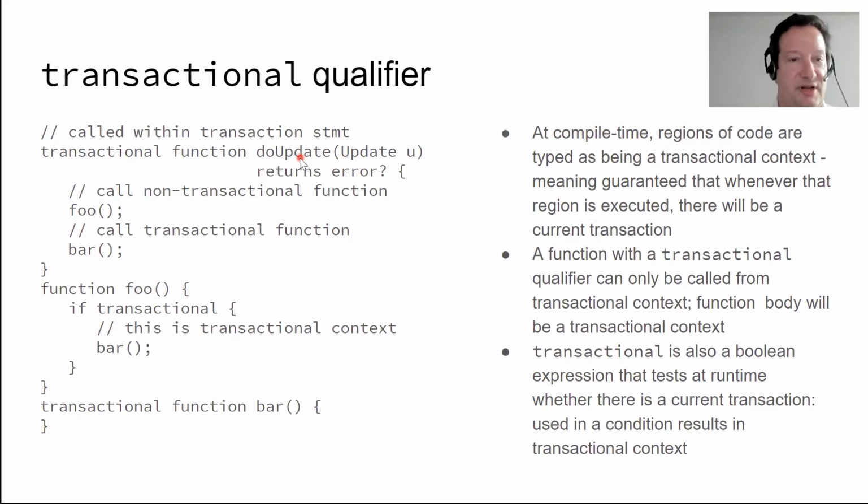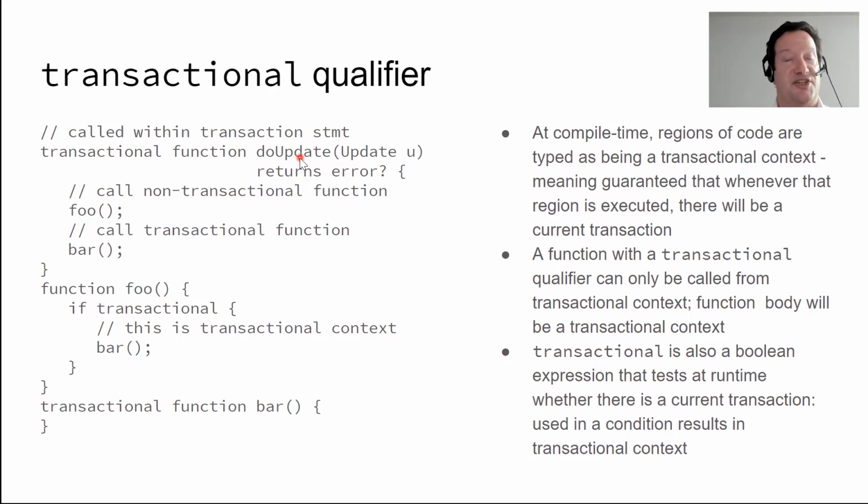We also try to do a little bit of static checking, and to make the code a little bit clearer, we have a transactional qualifier that can be applied to functions. The basic concept is that at compile time, we identify regions of the code as being transactional contexts.